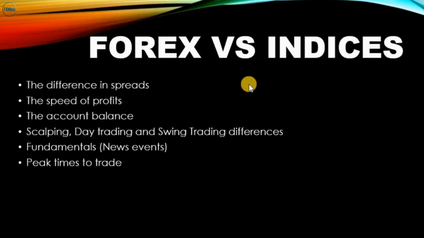Next is day trading. With day trading in Forex, of course, you can make 50 pips, and this could take you a good 45 minutes. But if you day trade indices, you will make a few hundred pips, and obviously the account will grow much quicker, as I highlighted in the account balance. Swing trading now.